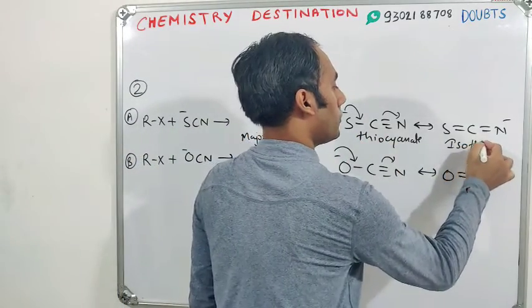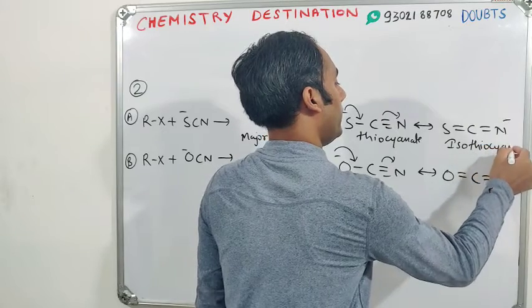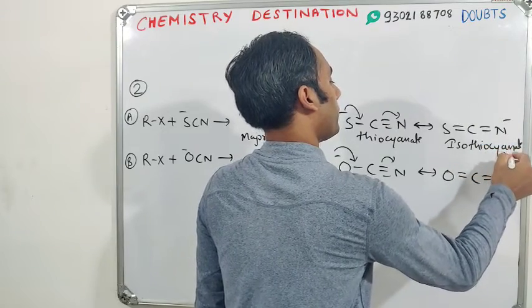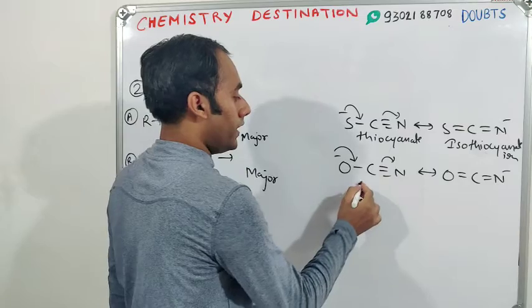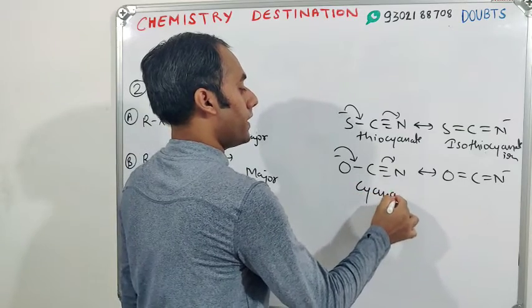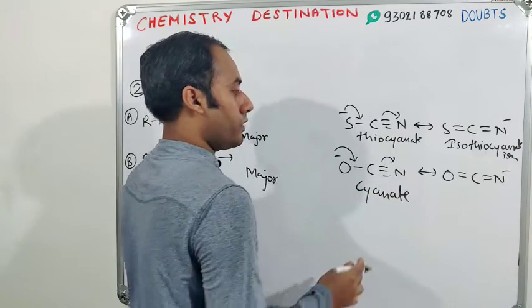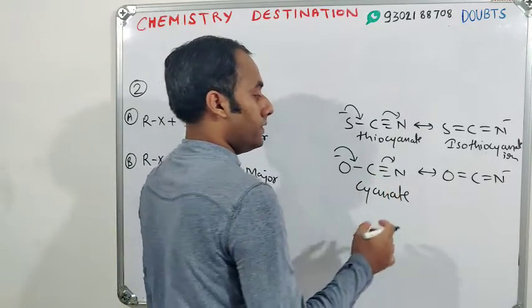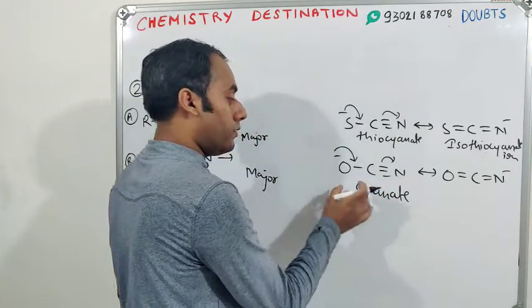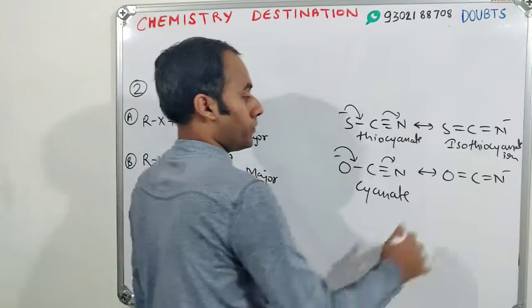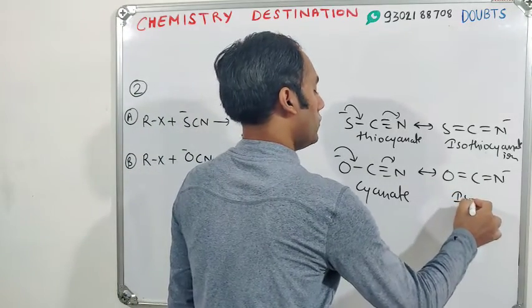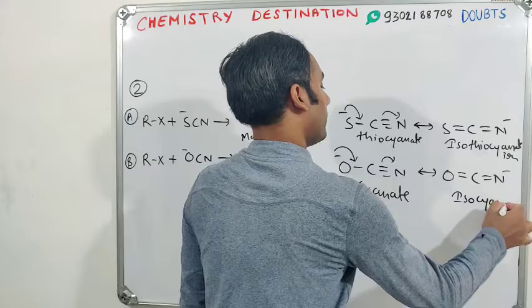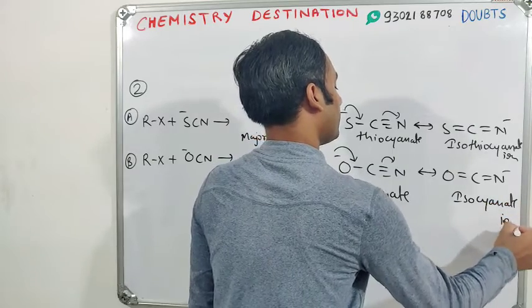Isothiocyanate ion. And this ion was named cyanate ion, so the canonical structure of cyanate ion you can name by simply adding the prefix iso: isocyanate ion.